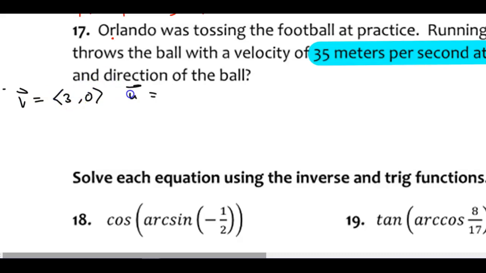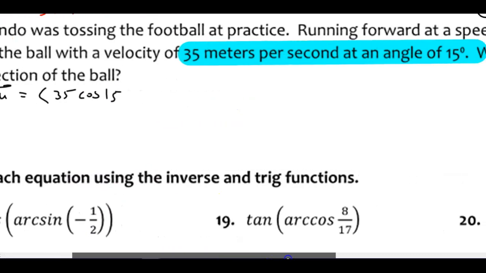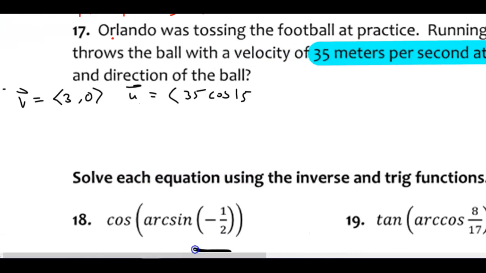And U equals 35 cosine of 15. Hold up, let me make sure. Is that 15? Yeah. And 35 sine of 15. Okay.